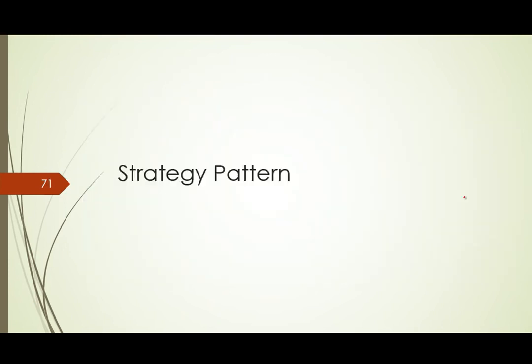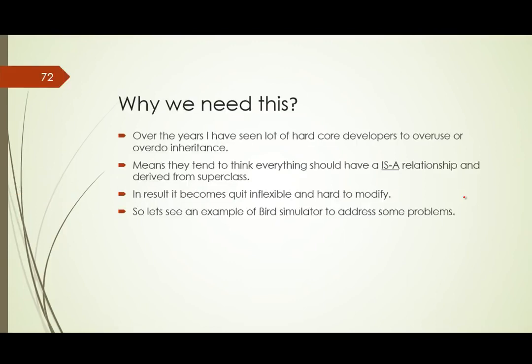Now we're going to talk about the strategy pattern, and it is going to be a very good example of what you have learned throughout this session. And why we need this: over the years I have seen a lot of hardcore developers overuse or overdo inheritance.